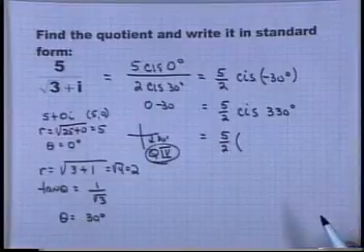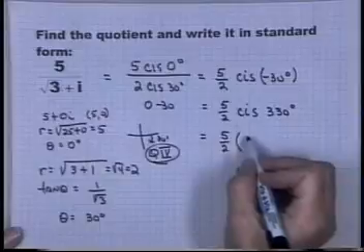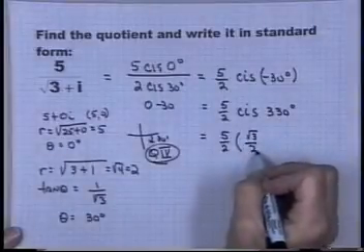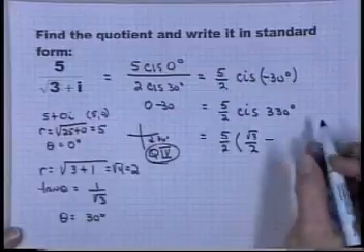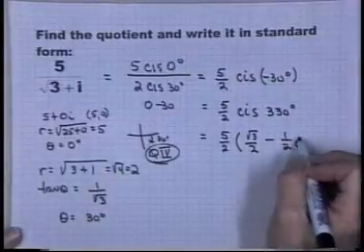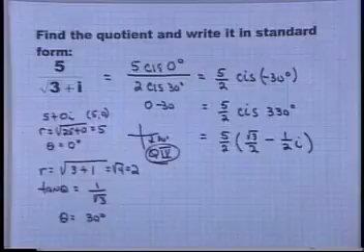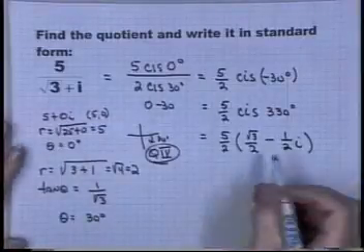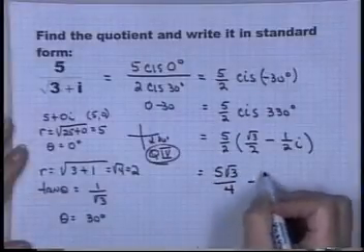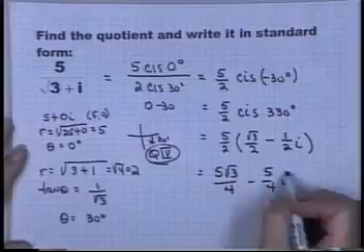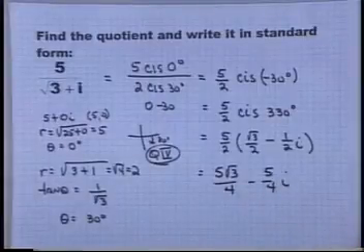And what's the cosine of 30 degrees? It's square root 3 over 2. Now in quadrant 4, the sine is negative, isn't it? Okay, and the sine of 30 degrees is 1/2. So I have 5 halves times the quantity square root 3 over 2 minus 1/2 I. Now let's distribute. We have 5 square root 3 over 4 minus 5/4 I, multiplying that out.